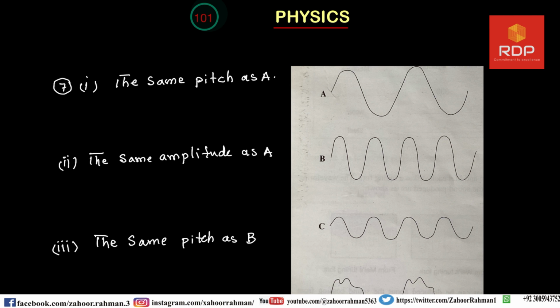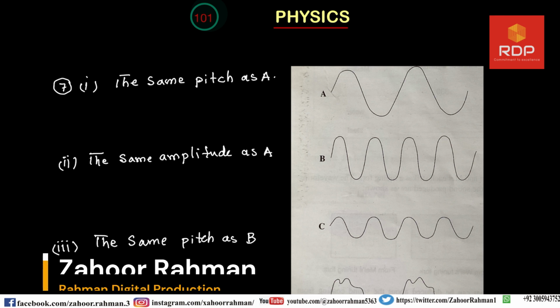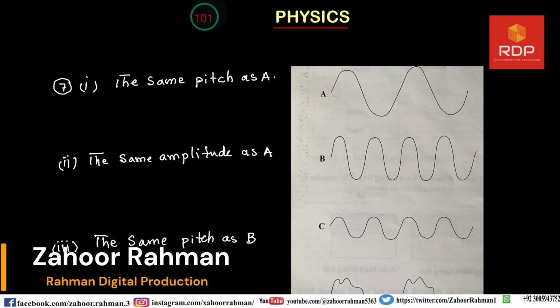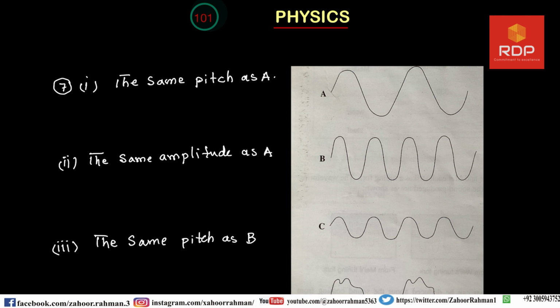The question is saying in simple words that four different types of waves are given, and they are displayed on the oscilloscope, the cathode ray oscilloscope, which is also known as CRO. So they will ask the questions and you have to write only one letter A, B, C, or D. Or if you think it is more than one, then you can write more than one answer.